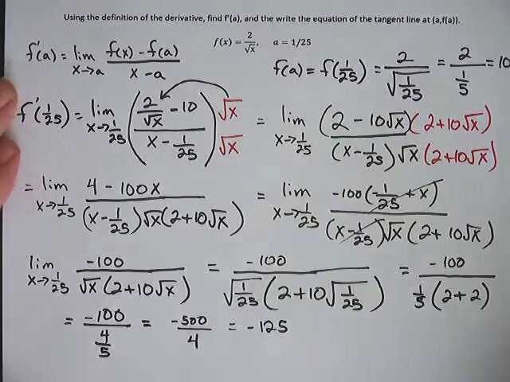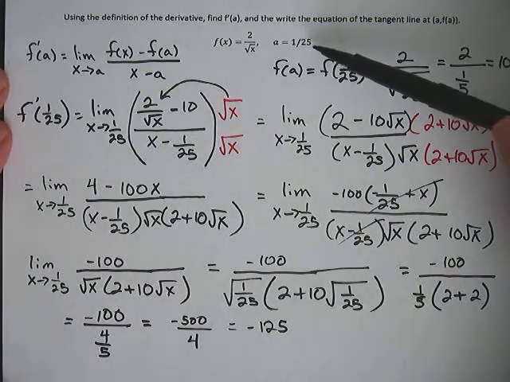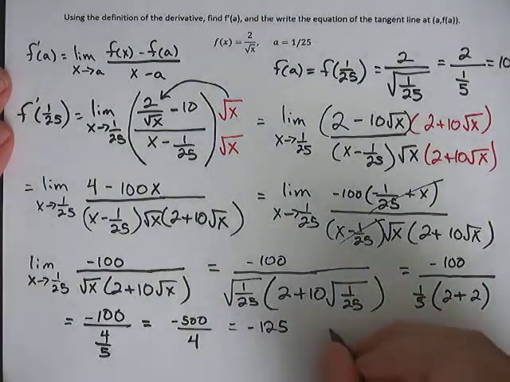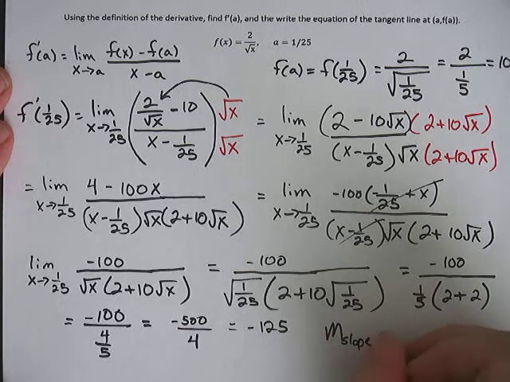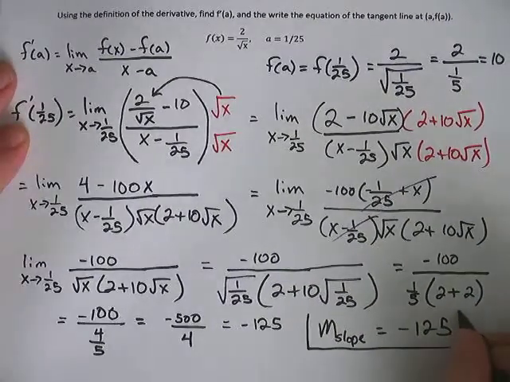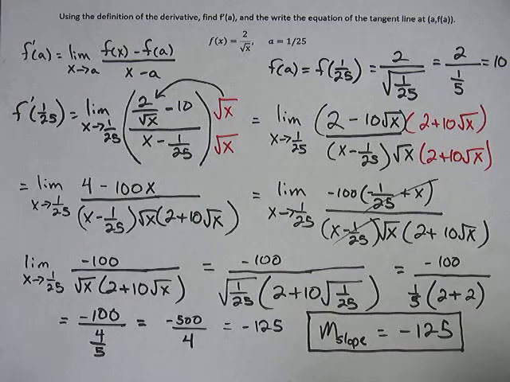So what we found by all that work is that the slope at 1 over 25 of this function is negative 125. So m, and we'll call it slope, is equal to negative 125. So that is the first question, which was find f prime of a. We've found the slope at a.